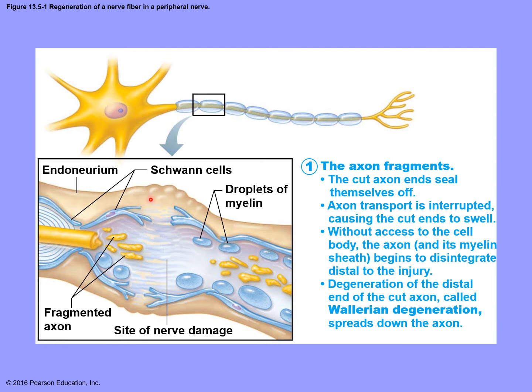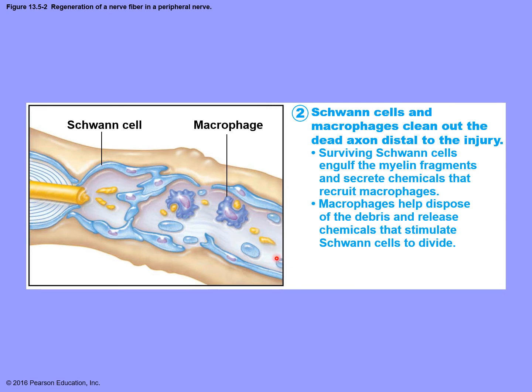The ends where the cut occurs start to swell up a bit. The axon is going to start to break down on this end because it's not attached to the soma anymore and is not receiving any help from there. So the distal end of the cut axon will degenerate. It's kind of like you've cut off the food supply.